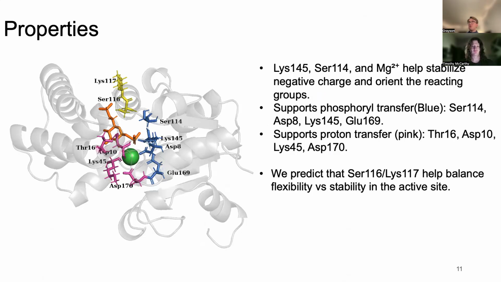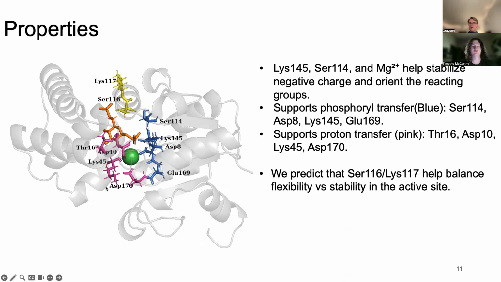Polar residues around the sugar form two sides. One side includes serine 114, lysine 145, aspartic acid 8, and glutamic acid 169, as shown in blue.